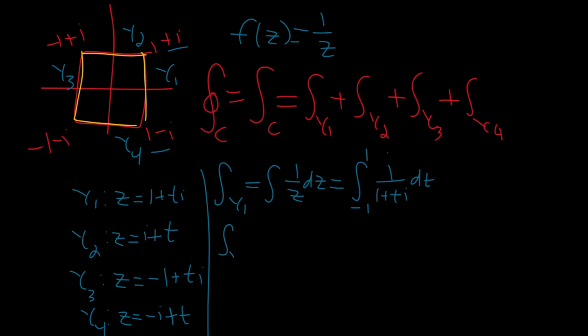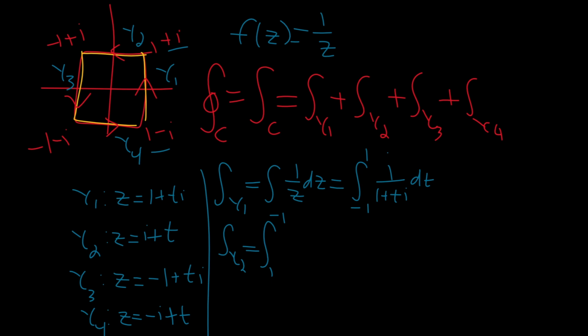Okay, that's good. Gamma 2. This is going to be quite similar as well. I'm not going to write integral of 1 over z dz for every single one, because it's rather repetitive. But what I am going to write for this one is the integral from 1 to negative 1. The reason is that we're going this way in our contour. We're going counterclockwise, as we usually do.